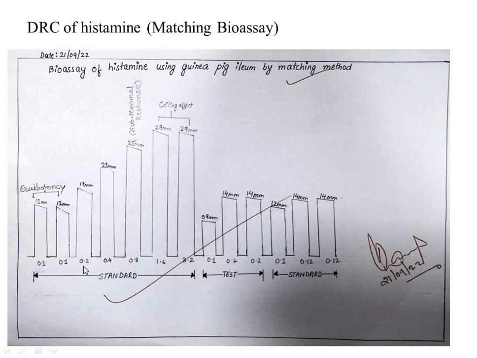And when we introduce 0.2 microgram per ml of standard, then we are getting 17 mm of response, and so on, up to 1.6 we are getting 29, and due to the ceiling effect at 3.2 microgram per ml we are getting the same response as of the 1.6. As I have discussed the ceiling effect.